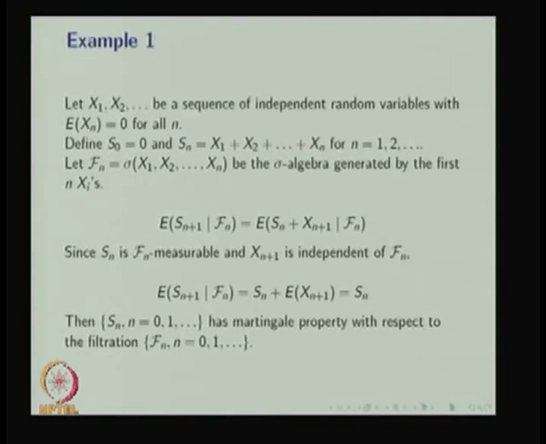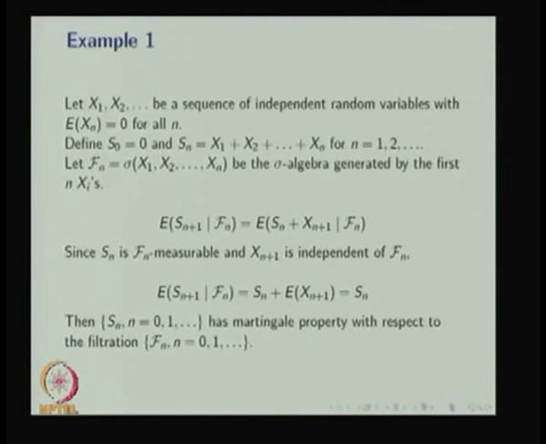Therefore, the conditional expectation of Sn plus 1 given the filtration Fn, the information up to n, is nothing but, since Sn is Fn measurable, Sn is known, because you know the information till n, that means Sn is also known. Therefore Sn has to be treated as a constant. So the conditional expectation of Sn given Fn is going to be Sn.